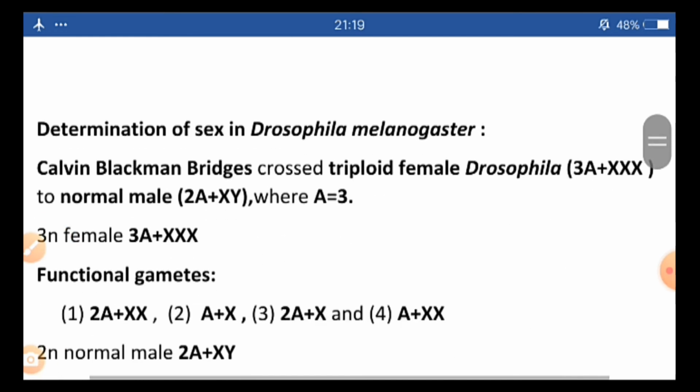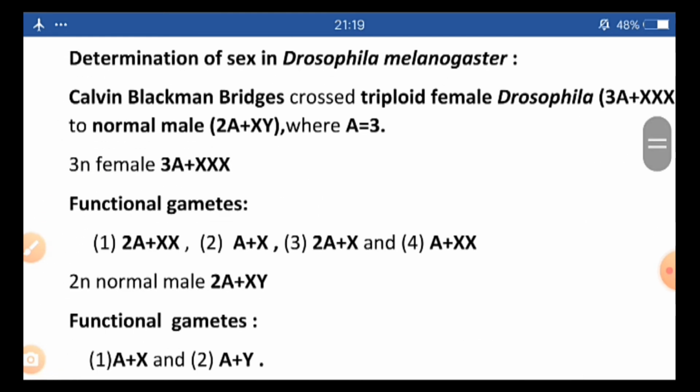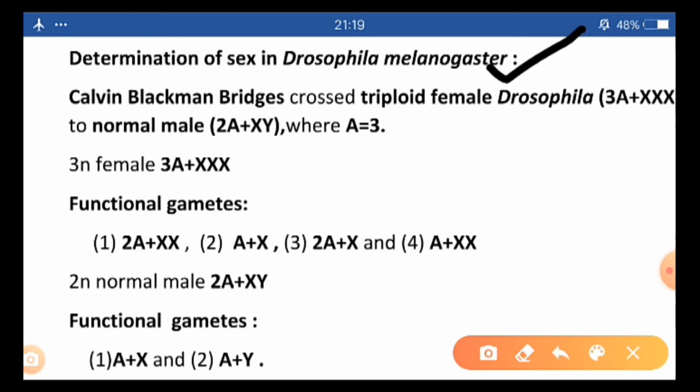Now we will talk about the determination of sex in Drosophila melanogaster. Okay. Calvin Blackman Bridges crossed triploid female Drosophila to normal male Drosophila. Okay. What is the genotype of the triploid female Drosophila?